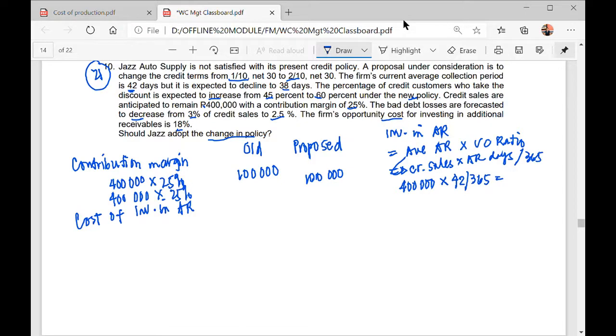So, what is the answer? That's 400 times 42 divided by 365. So, that's 46,027.40. Then we multiply by the VC ratio, times 75%, that is 34,520.55. Correct?